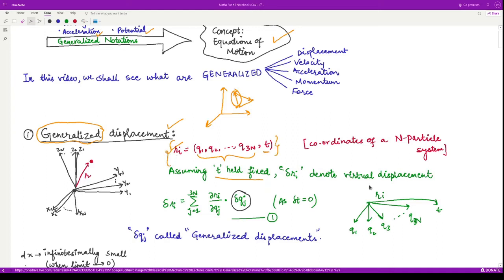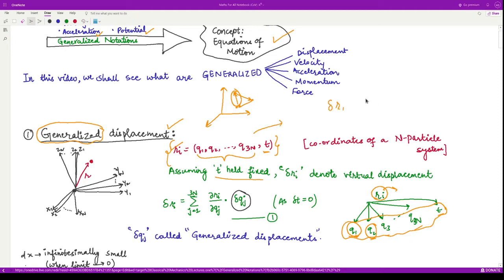Now this Ri depends on q1, q2, q3 up to q3n and t. So these are the independent variables and Ri depends on these. If we are to differentiate this Ri, then we have to differentiate it partially with respect to q1, and then take the derivative of q1, plus we differentiate it with respect to q2, then take the derivative of q2, and so on. So when you differentiate this vector, you will get delta Ri.